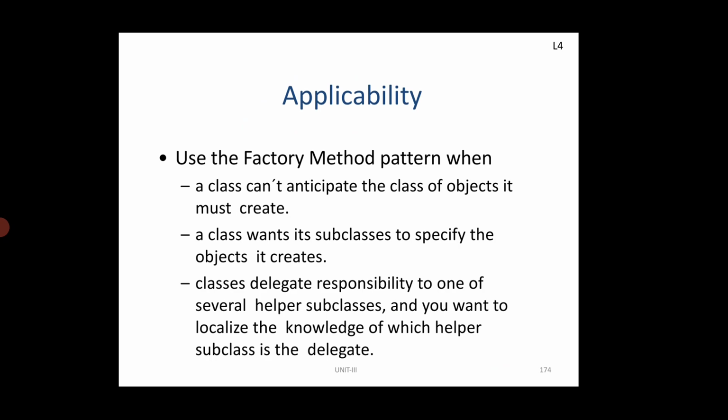What is the meaning of this sentence? The main responsibility of classes is to be delegated. If we have several helper subclasses, you need to localize the knowledge of which helper subclass does the delegated work.